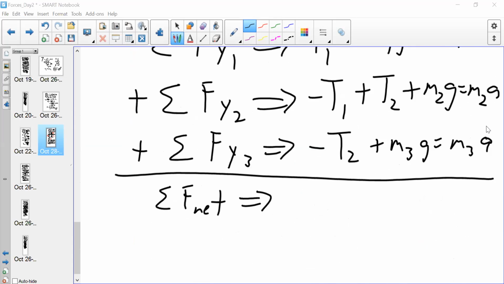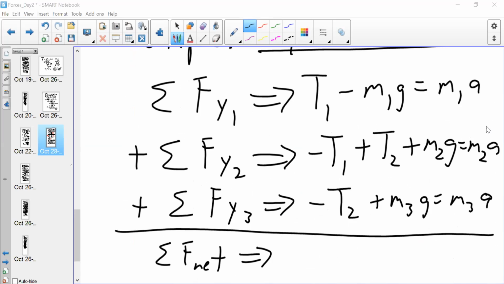Okay, so before I do all that, we can see that these tensions can't cancel out. T2, life easier.